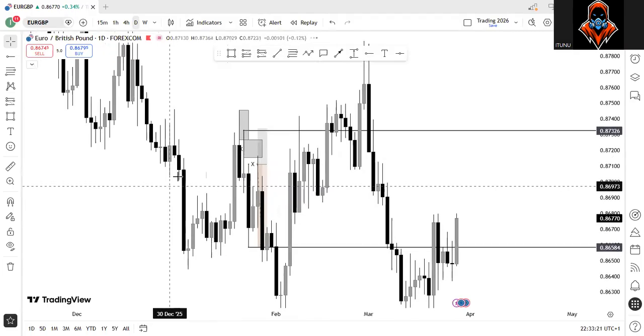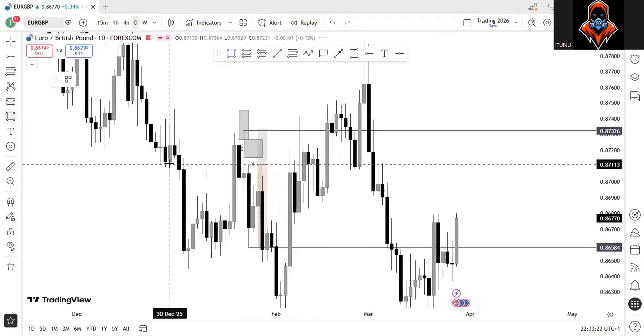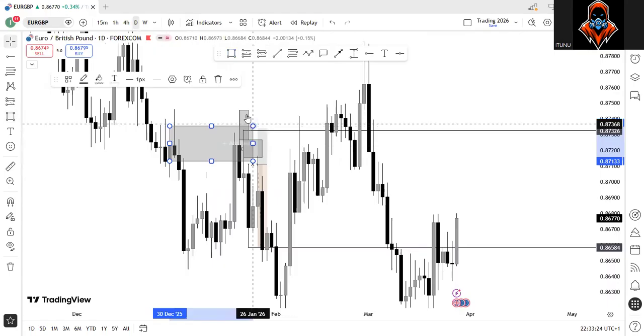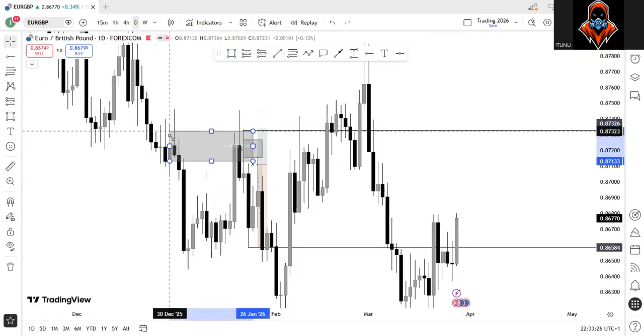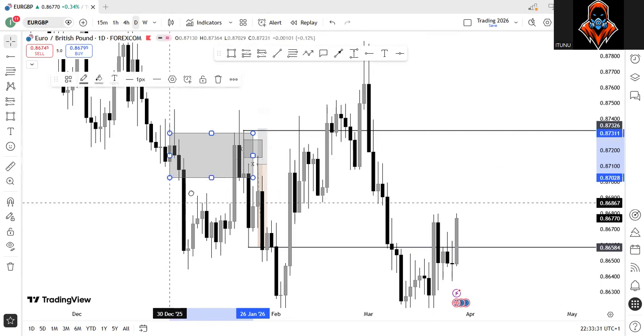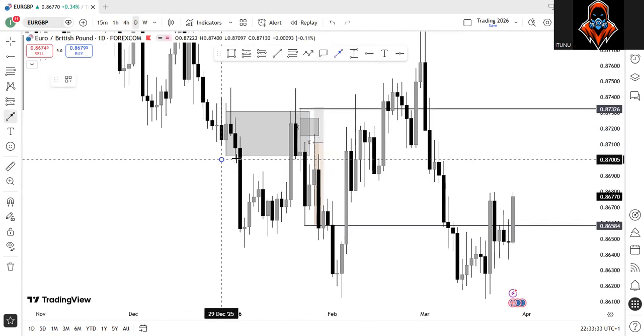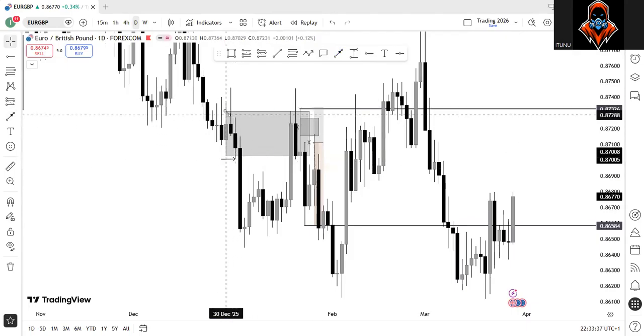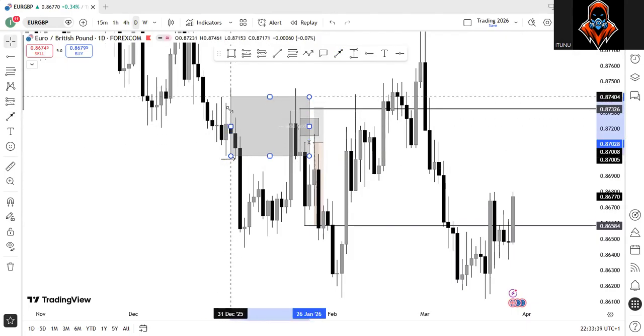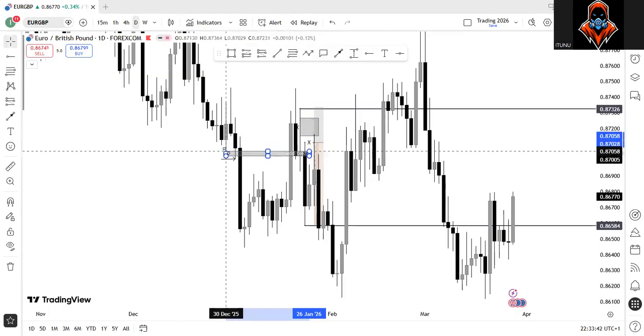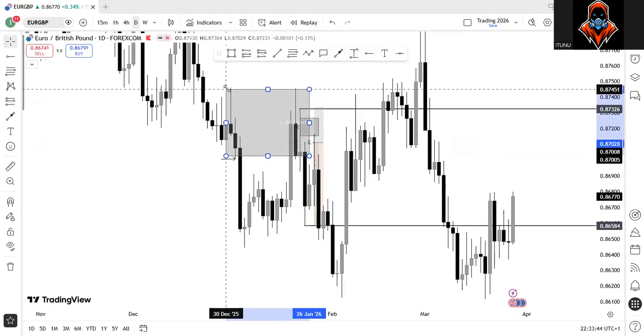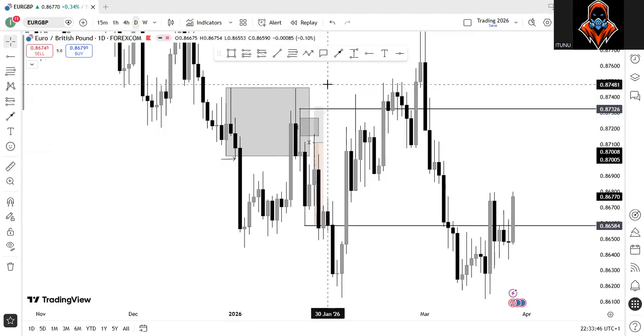On the daily time frame, what do we see? This is the start of my order block on the daily time frame. The fact that it has broken this low, this is considered an order block, the last bullish candle before the bearish move. So from the beginning of this bullish candle to the high, that is my order block.